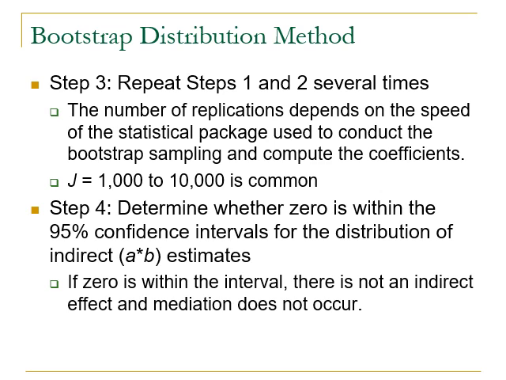We're then in step 4 going to create confidence intervals. We're going to determine whether 0 is within the 95% confidence interval for the distribution's indirect effect estimates. If 0 is within that interval, there is not an indirect effect and mediation does not occur. In other words, do we find mediation 95% of the time or more by doing these iterative processes?